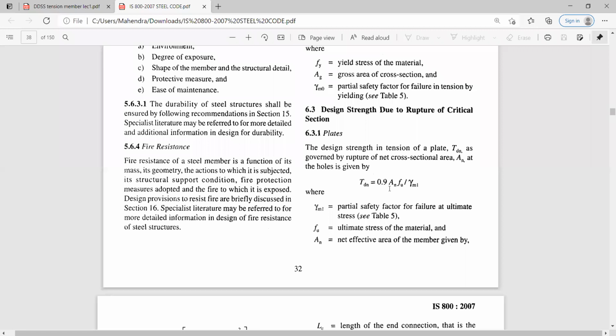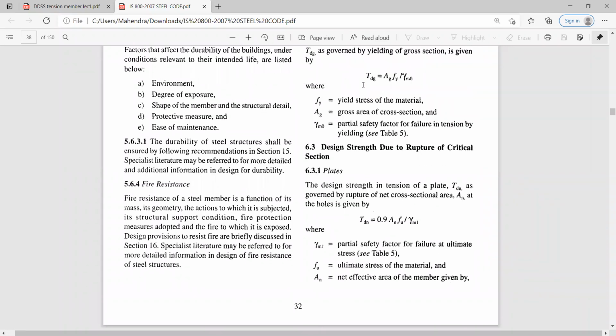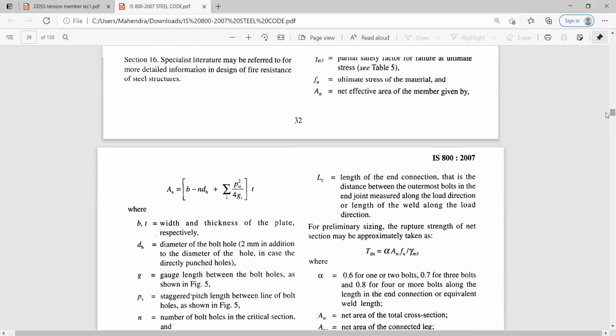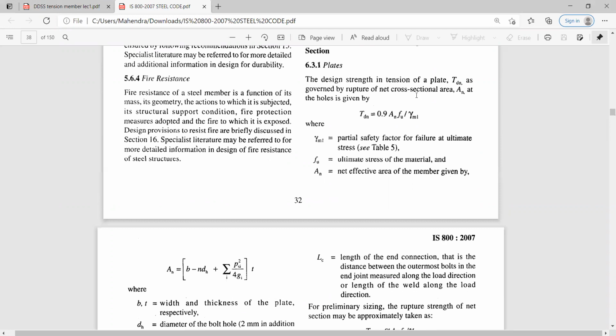When you solve problems based upon the tension member, first you need to calculate this TDG, the design strength due to yielding of the cross section, and after that you need to calculate the design strength due to rupture of the critical section. For that, you need to calculate TDN. For TDN, the formula is 0.9 into AN into Fu upon gamma M1.